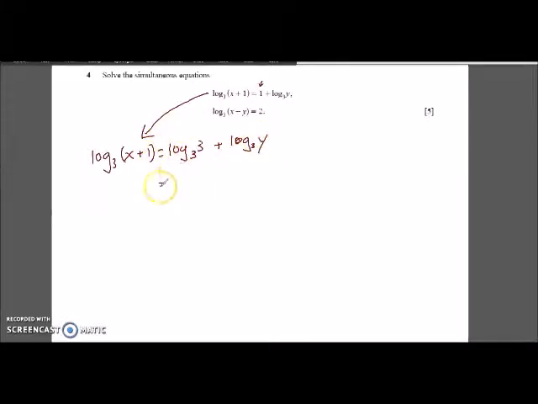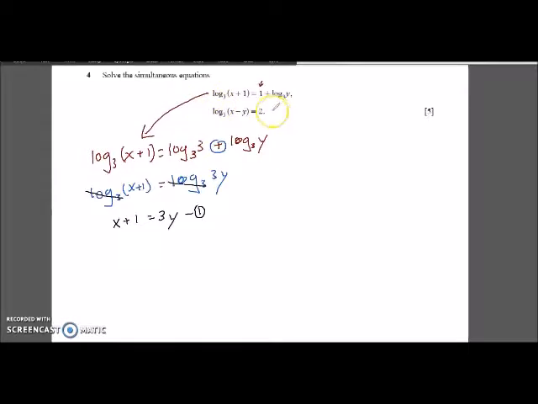Okay, now since it is a plus here, we are going to multiply this. It becomes 3y, and here remains the same, x plus 1. Okay, then you can minus this log 3 and log 3, and you have a remaining of x plus 1 equals to 3y. This is your first equation.